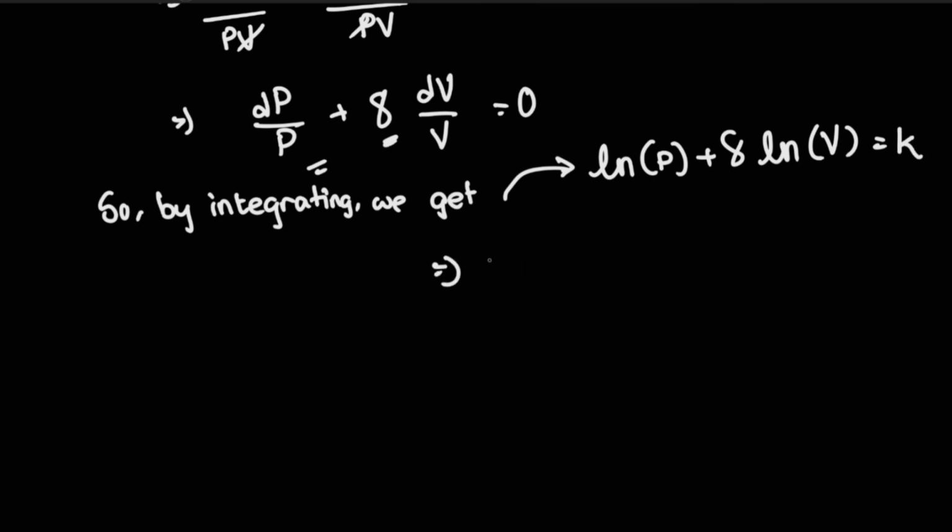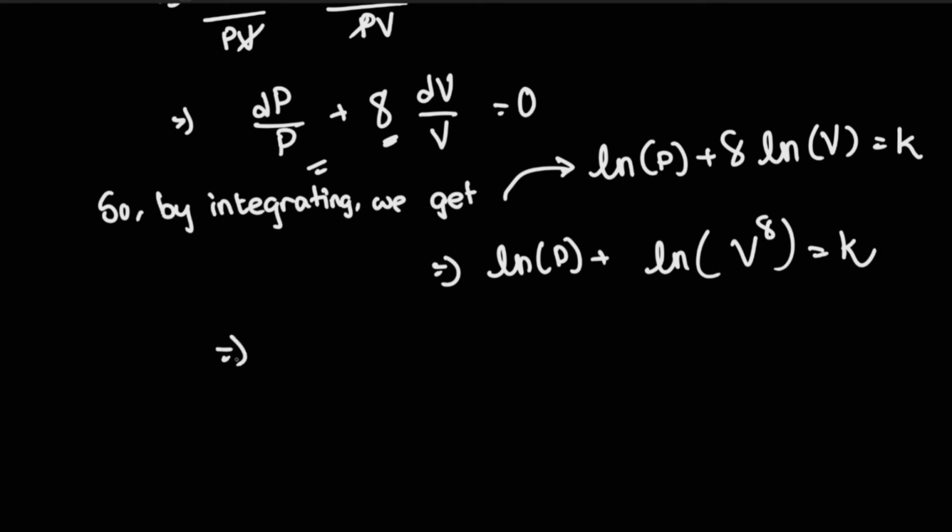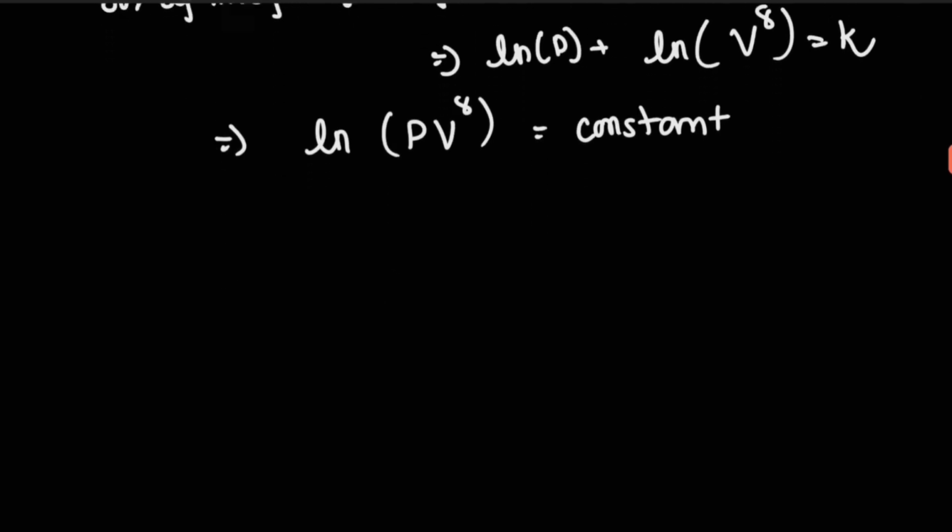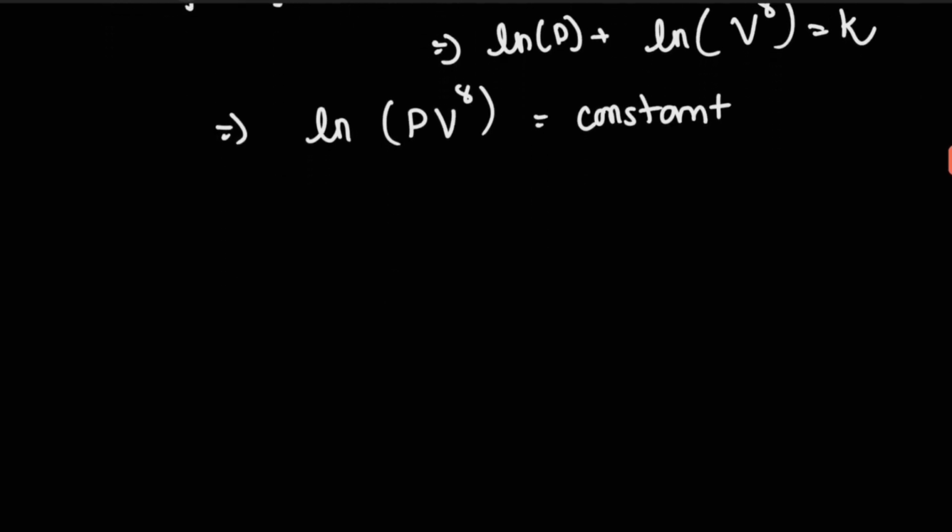So we are left with the natural logarithm of P plus the natural logarithm of V to the gamma is a constant, and then the natural logarithm of P times V to the gamma is a constant. This applies for all general adiabatic processes. So for all adiabatic processes, PV to the gamma is constant.